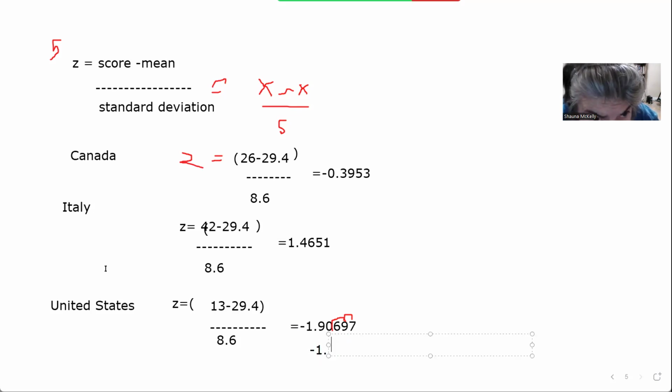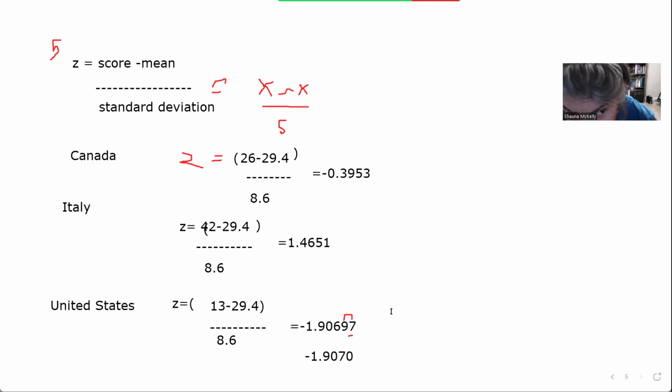Let me clean that up for you so that it makes more sense. So this is going to be negative 1.9070 if I round it to 4. Okay, so I hope that helps in terms of z-scores.